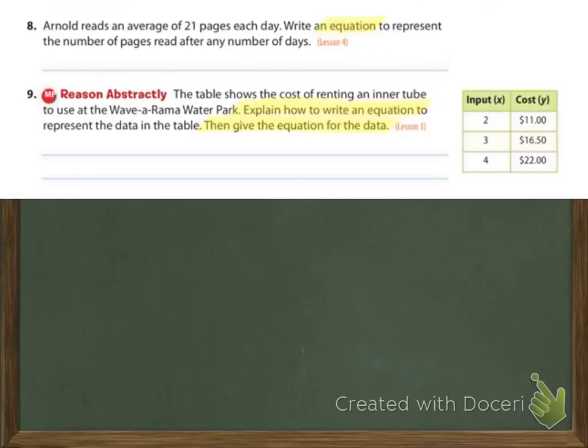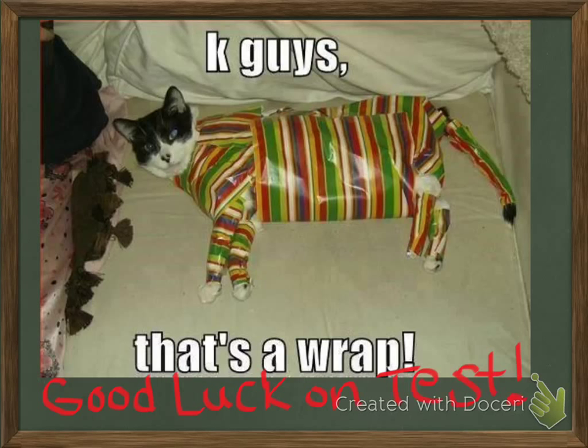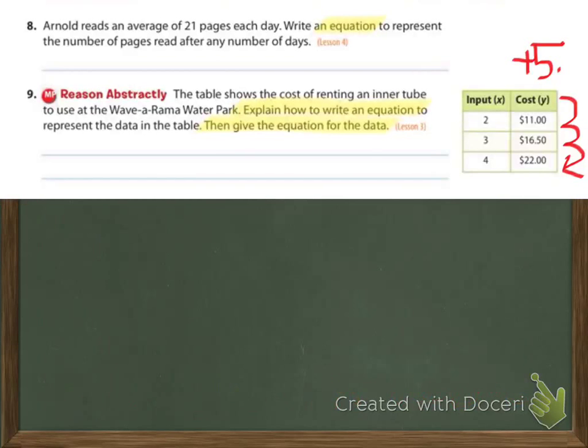Try 5.50. What's the difference between the output values, which are your cost, and the input values? As you go down the output column, what's the difference? $16.50 minus $11. It's going up by $5.50.